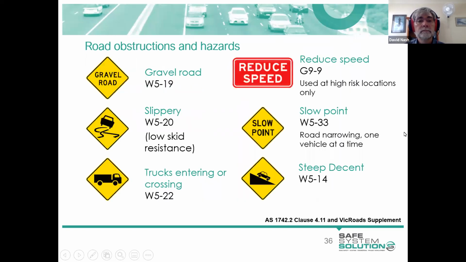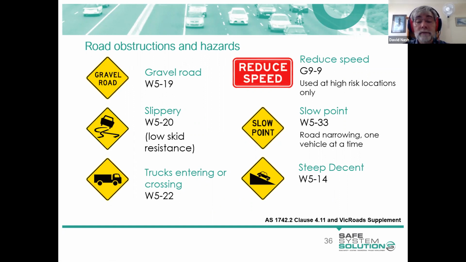Okay. Road obstructions and hazards. So we don't necessarily have to talk about all of these. There's a lot written in the Australian standards about them. The use of the gravel roadside sign, the slippery sign, trucks entering or crossing. Again, don't overuse that. It should only be used where it's a problem.